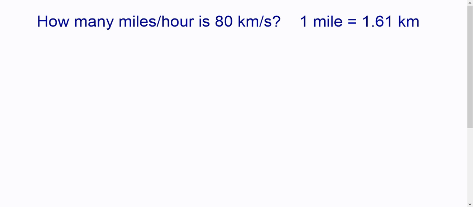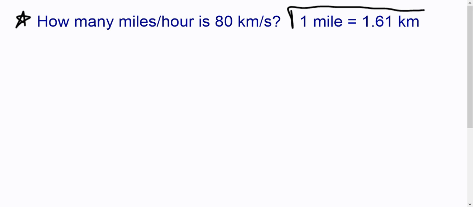top or on bottom. So I have this example pulled up of how many miles per hour is 80 kilometers per second. There's also additional information given over here on the side that 1 mile equals 1.61 kilometers. If information is ever given to you in a problem, it's because it's a conversion that I would not expect you to know or have memorized.